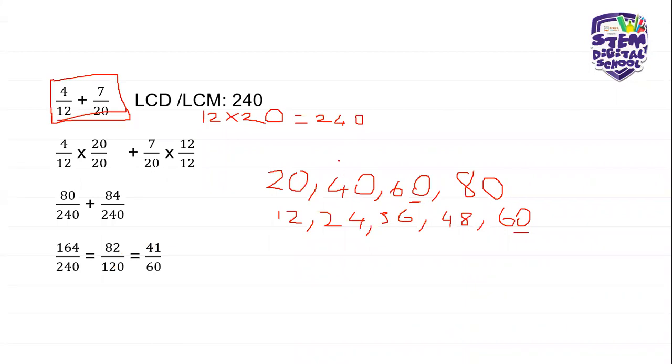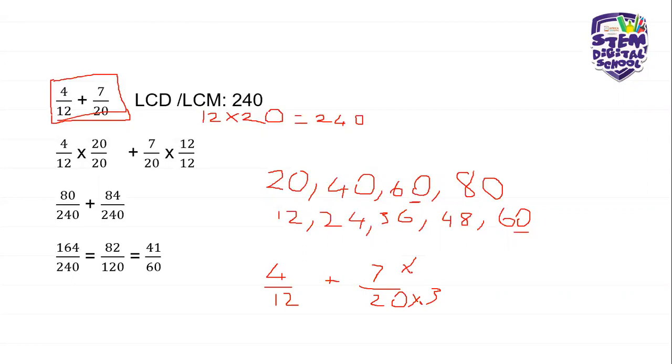If I followed my method of using 60 as my lowest common denominator, I would have got the answer even quicker without needing to simplify. Why use the lowest common denominator? So we don't need to simplify later on. So I've got 4 over 12 plus 7 over 20. And then I just say, okay, to get you into 60, I must multiply by 3.